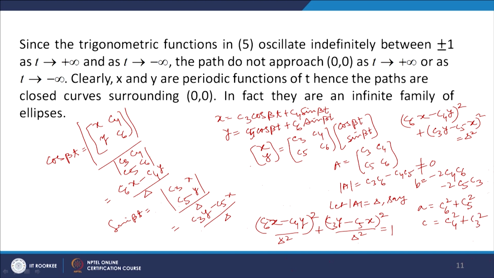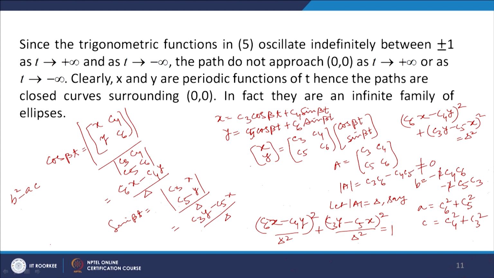Now, let us find b square minus ac. If we have the equation as 2hxy, we need not take this 2, so b is the coefficient of 2xy. I think we need not take this 2.